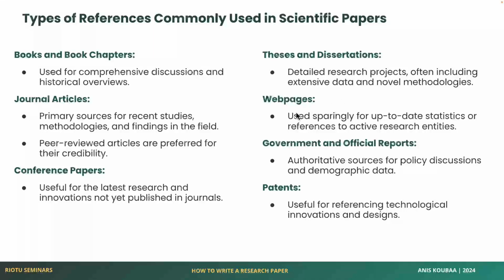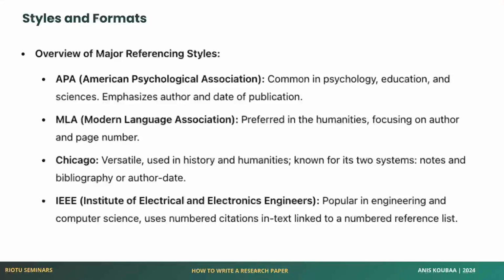Web pages, this is less common. Only if it is, for example, a GitHub repository or a very important reference that you need to point out. And patents, so usually patents are referenced in patents, but we can also refer to patents in scientific papers as well.